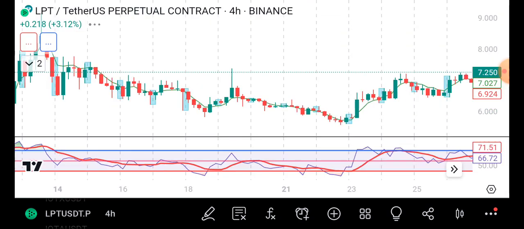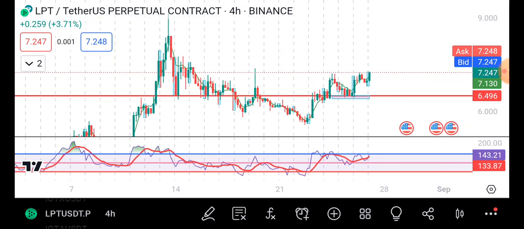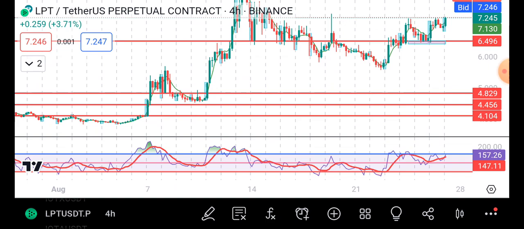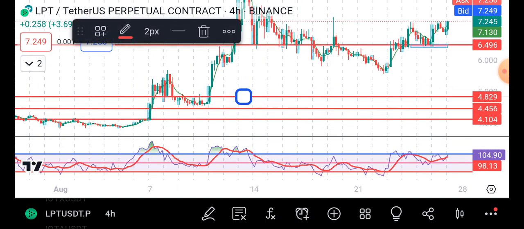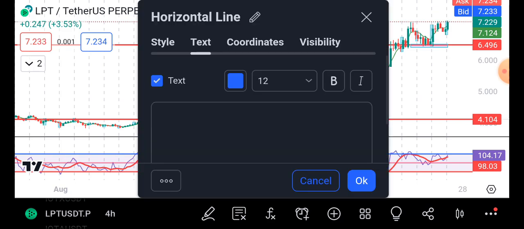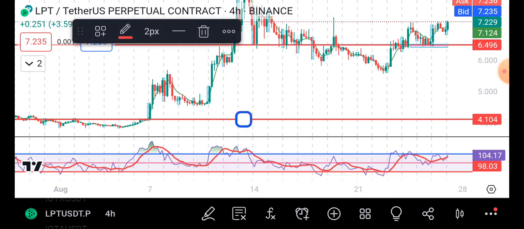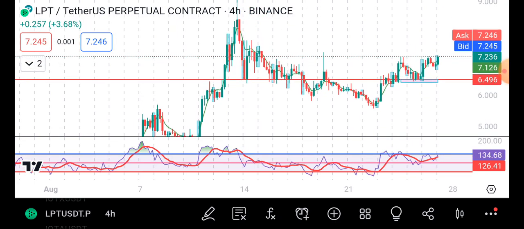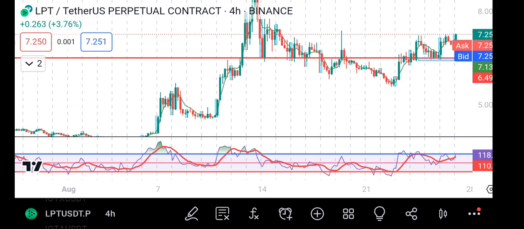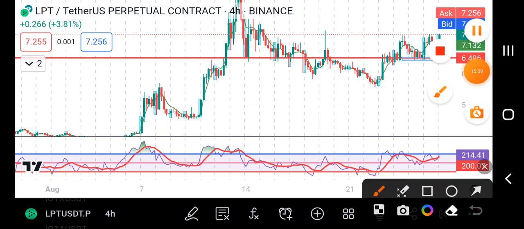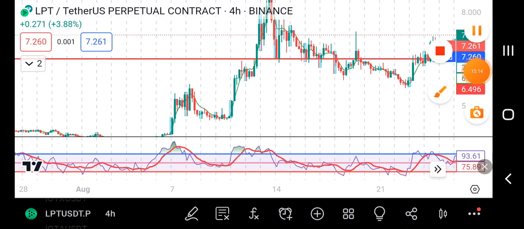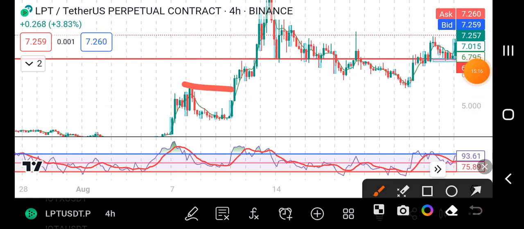What are we going to see first? We are looking for our break of structure, right? Let me delete this. I created this, right? Now, this is a correct break of structure here.